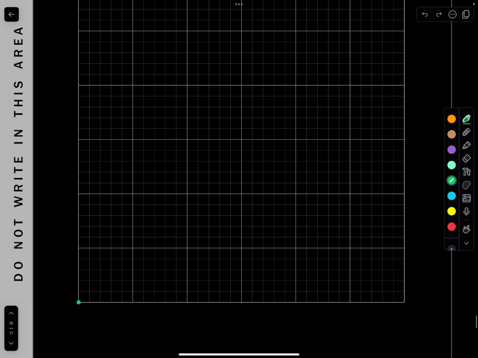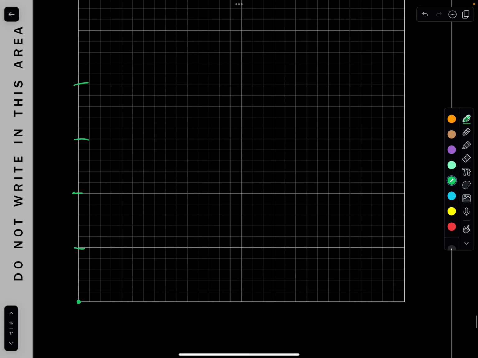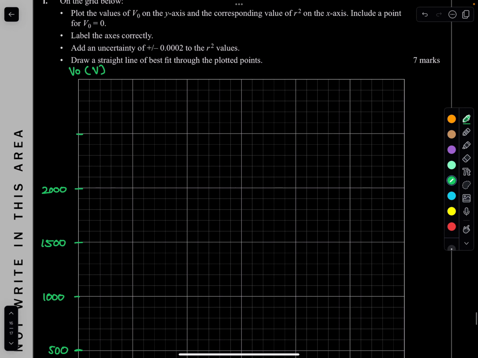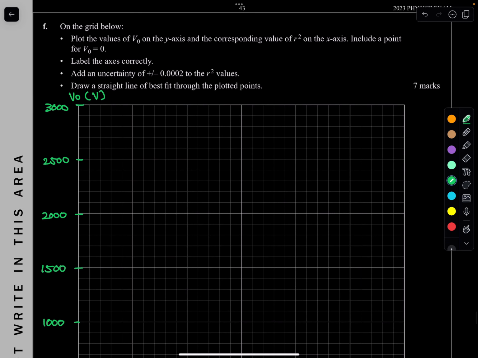So each will go by 500 volts. That'll be 1000 volts, 1500, 2000 volts, and then this one here is going to be 2500, and this one's 3000. And so volts are just in that unit.